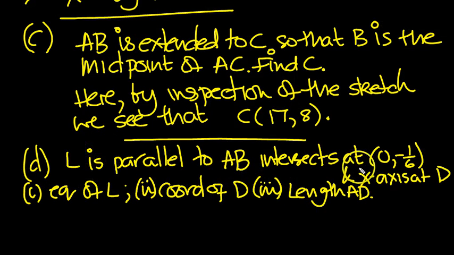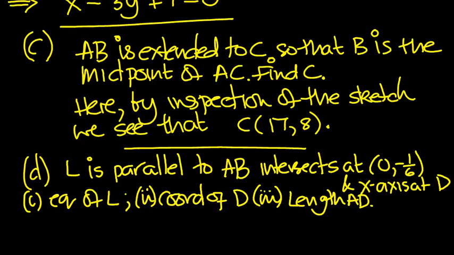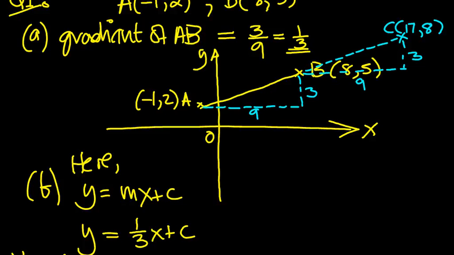The first thing to do is draw this line, parallel to AB, intersecting at (0, -1/6), and we want the equation of the line L. I'm going to draw the line on the sketch for the sake of completeness. Here's the sketch of AB, and this line goes through (0, -1/6), where it cuts the y-axis, and it's parallel.